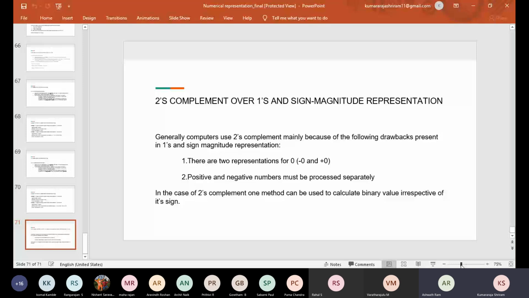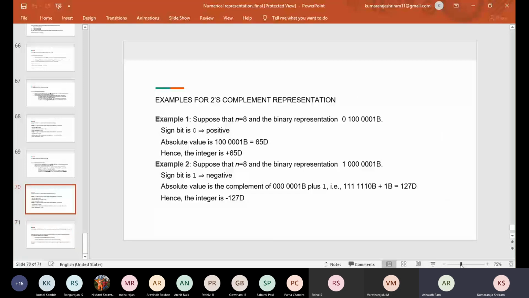Can you go to the previous slide, Kumar Raja? In this case, this is an 8-bit value. If you multiply minus 2 power 7 by 0 in the first case, and then calculate the remaining bits similarly and add them, we again get 65 as the value.